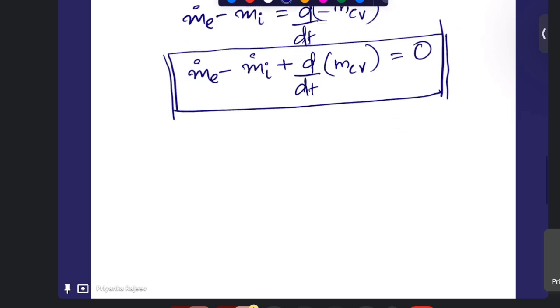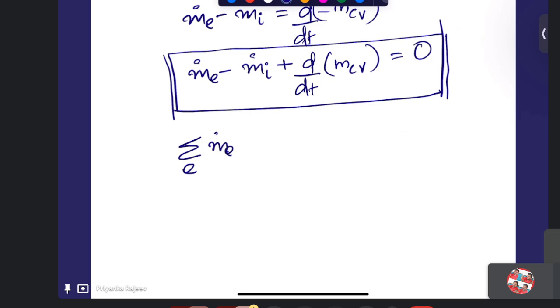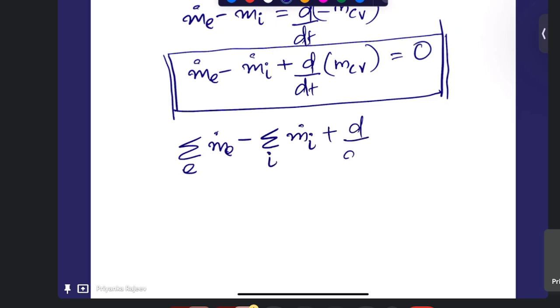So if there are multiple inlets and multiple outlets, then you have to sum it across all the inlets and outlets. So over all the exits it will become summation of m dot e minus summation of m dot i over all the inlets, plus d by dt of change in mass of control volume with respect to time, equal to 0.